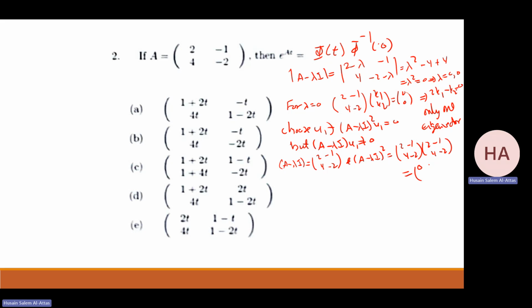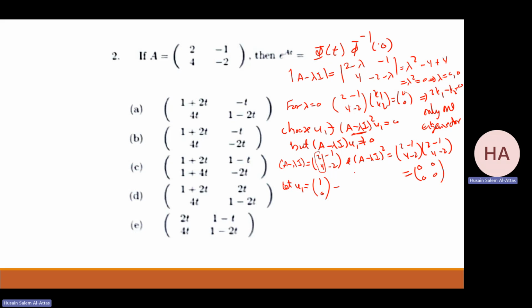It's 0, 0. So I can choose u1 to be 1, 0. You have to make it easy. It will work for any u1, but I need the first column to be non-zero, which is the case.